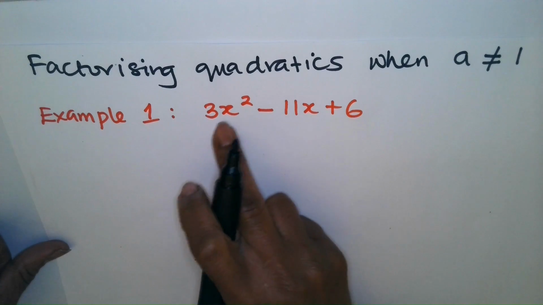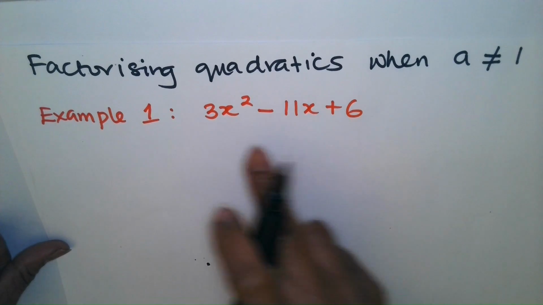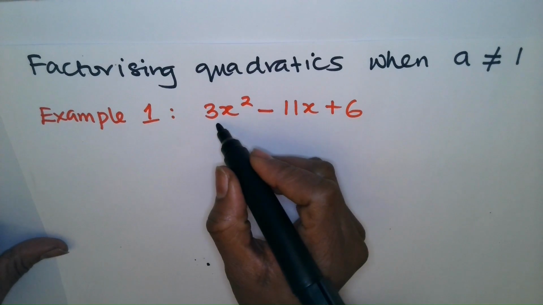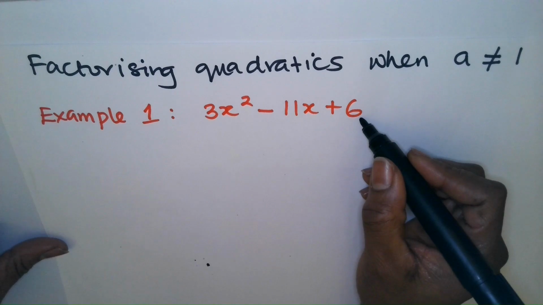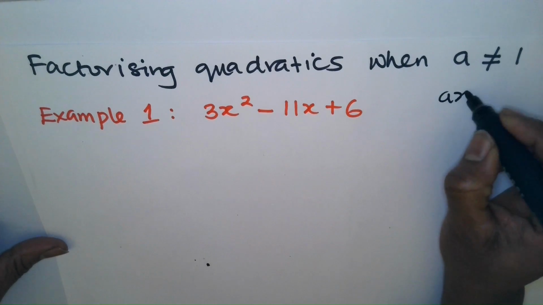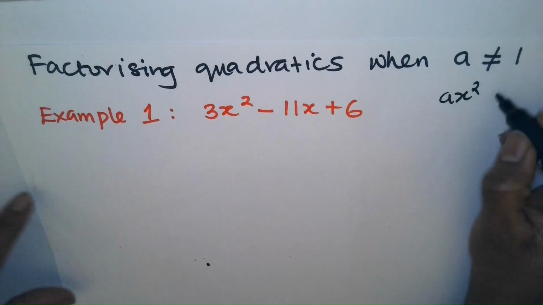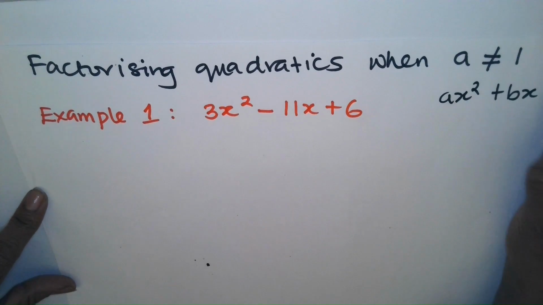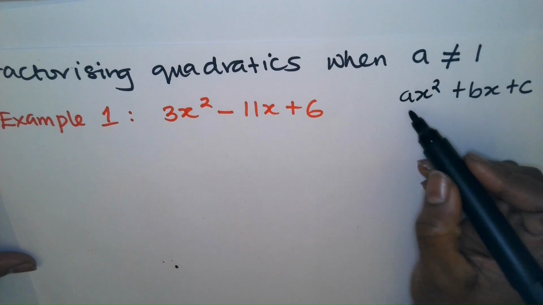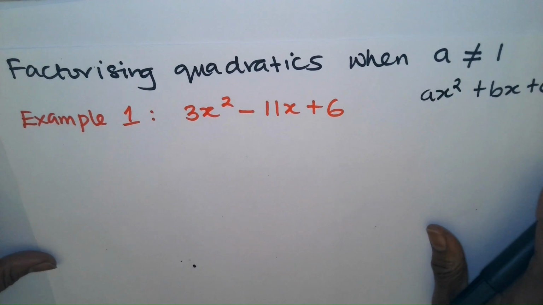But for this one, we've got that a is not equal to 1. So we're going to multiply a and c. Remember we had ax squared plus bx plus c.